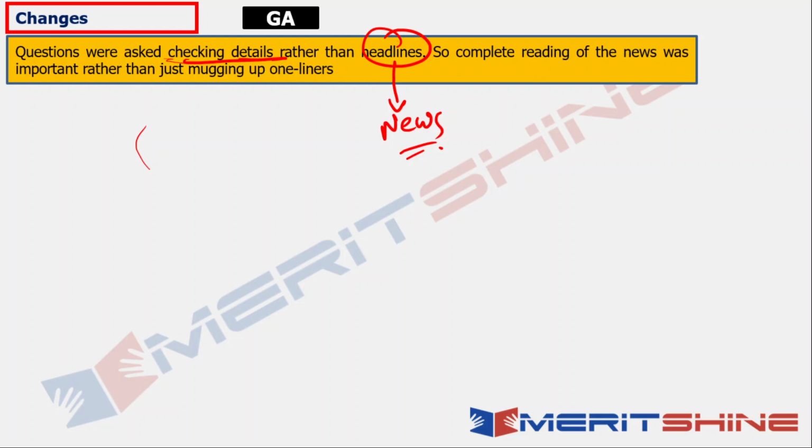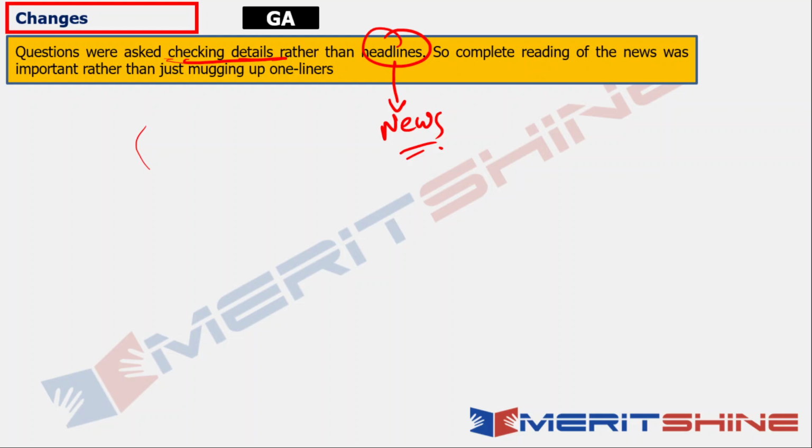But what happened in RBI Grade B Phase 1 this year, that they asked questions not from the headlines. For example, if it was a question based on some policy, they did not ask when this policy came in. Rather, they went a little deeper and asked a detail about that policy.